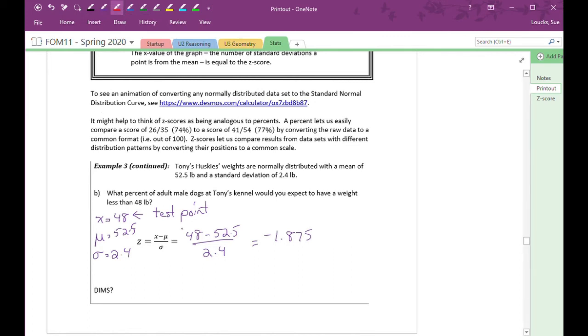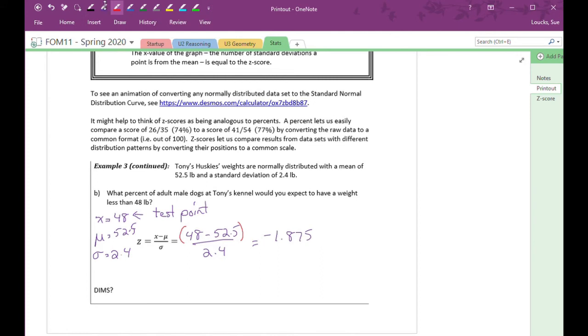Some of you will get a different number because if you punch into your calculator 48 minus 52.5 divided by 2.4, it's going to do the division first. So remember that you need to do the subtraction first. So whether you put brackets around it or you go 48 minus 52.5 equals and then divided by 2.4, make sure you are getting the negative 1.85.